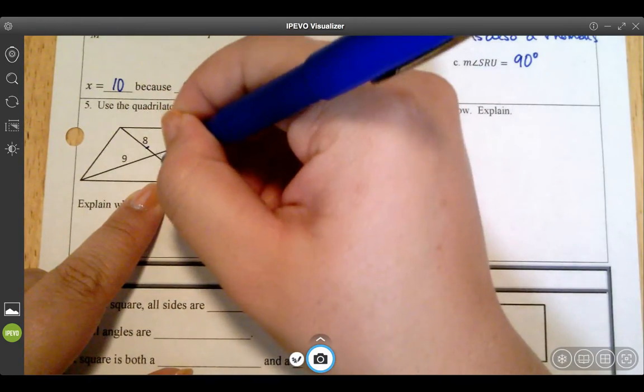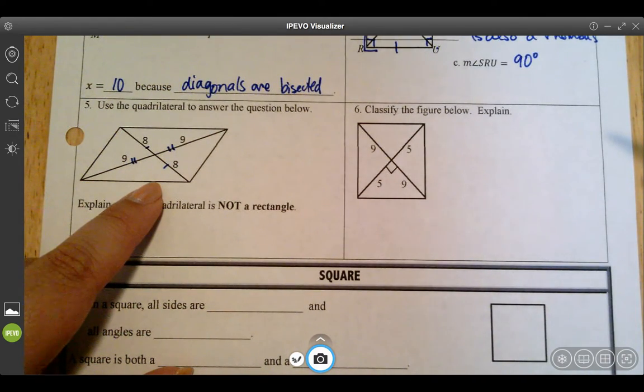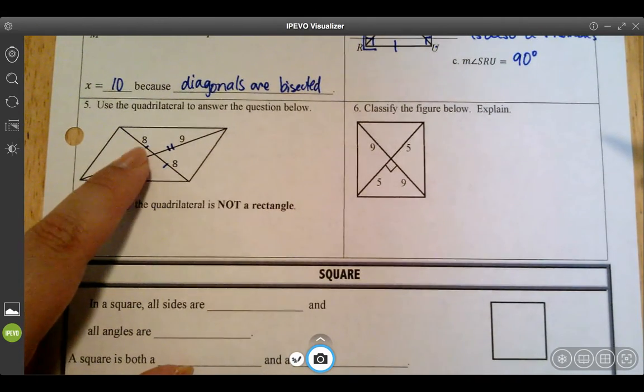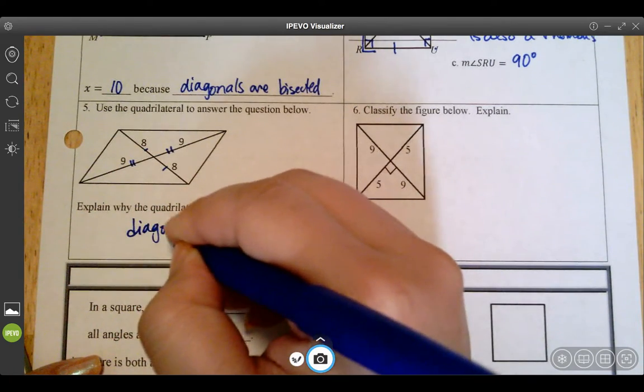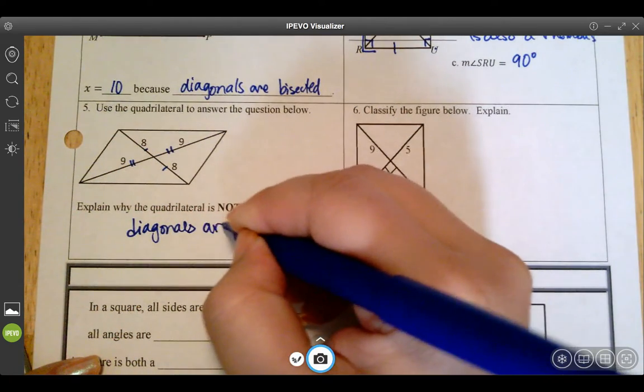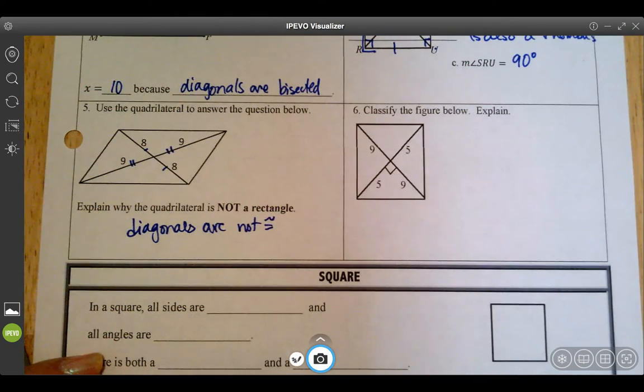Well, we do have diagonals that are bisected, which means that this could be a parallelogram. However, in a rectangle, those diagonals need to be congruent, and 9 and 8 are not equal, and therefore diagonals are not congruent, so it can't be a rectangle.